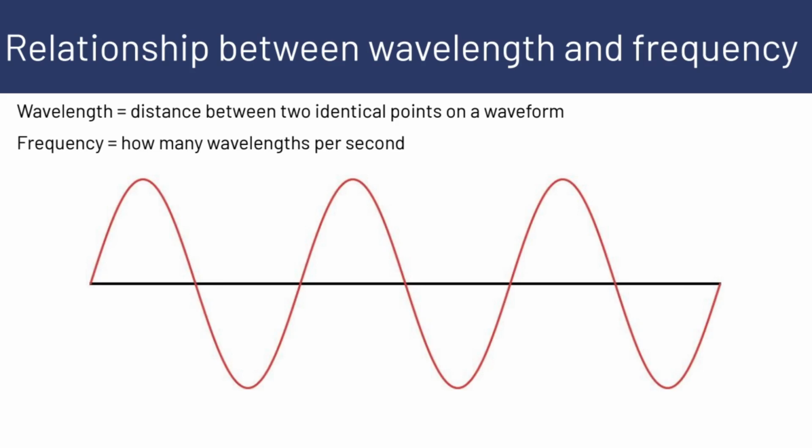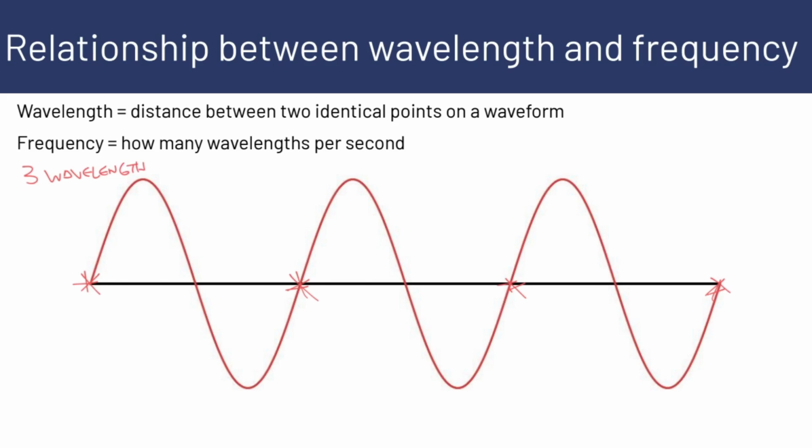So for this first wave, let's talk about where the wavelengths are. If we start at this point, here is one wavelength. You can see we have 1, 2, 3 wavelengths. So there are 3 wavelengths for this wave in this image.